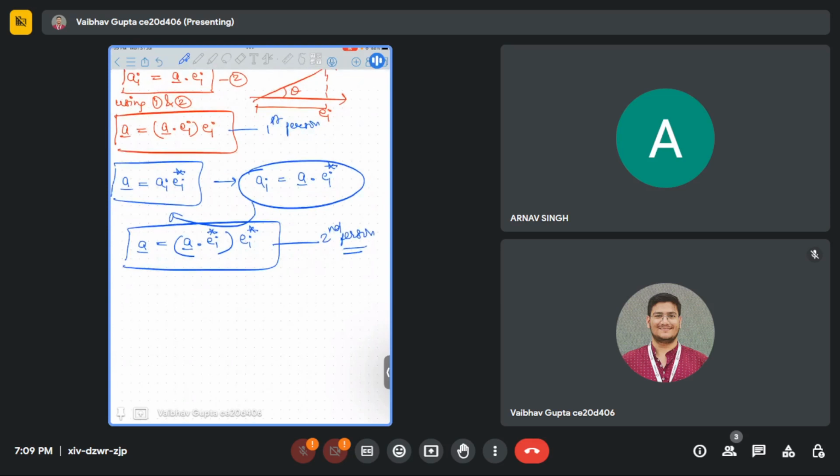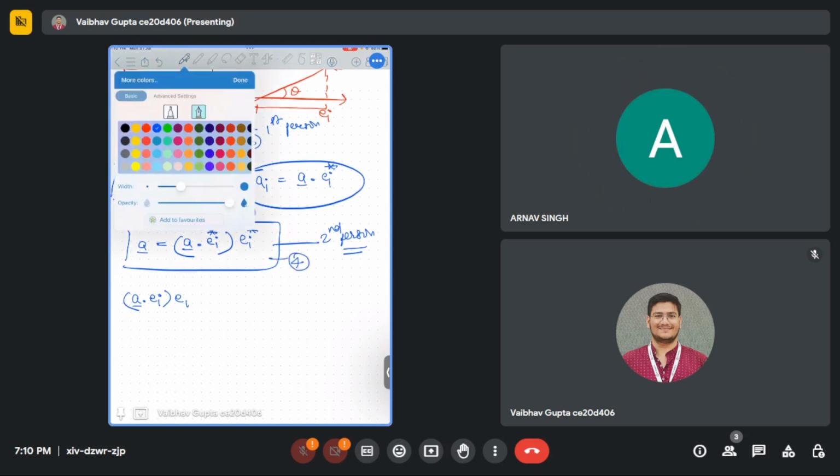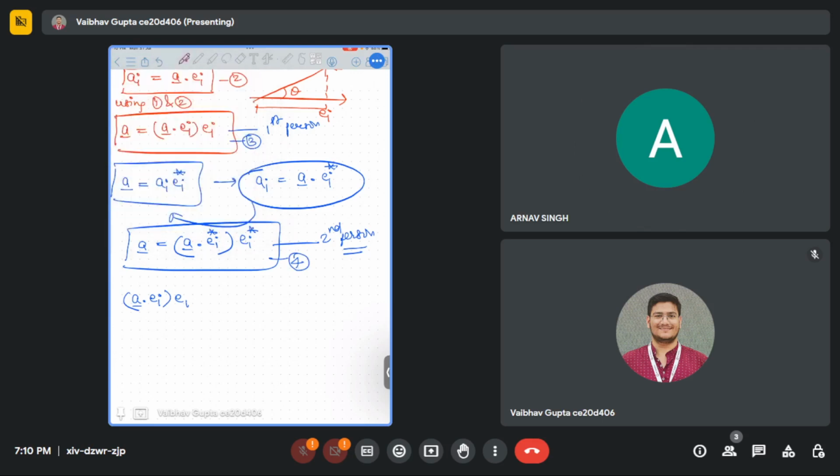Moving ahead, we'll say that A dot EI, from the first, this third equation, we'll put as the third equation. This will be the fourth equation. I will change the colors. So this will be equal to A dot EJ star.